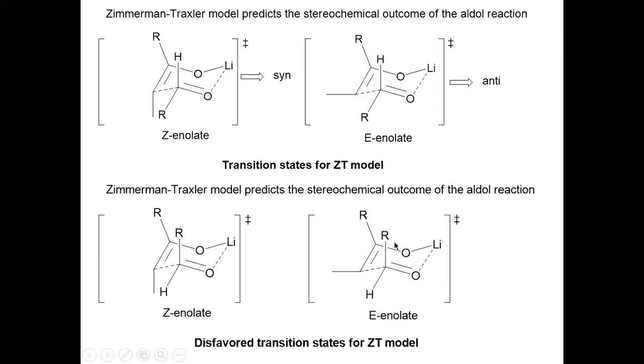And so this model allows us to predict the stereochemical outcome of any aldol reaction. We can propose this model for many different types of aldol reactions, regardless of the catalyst and regardless of what type of enolate you're using, E or Z. Any questions about anything so far?